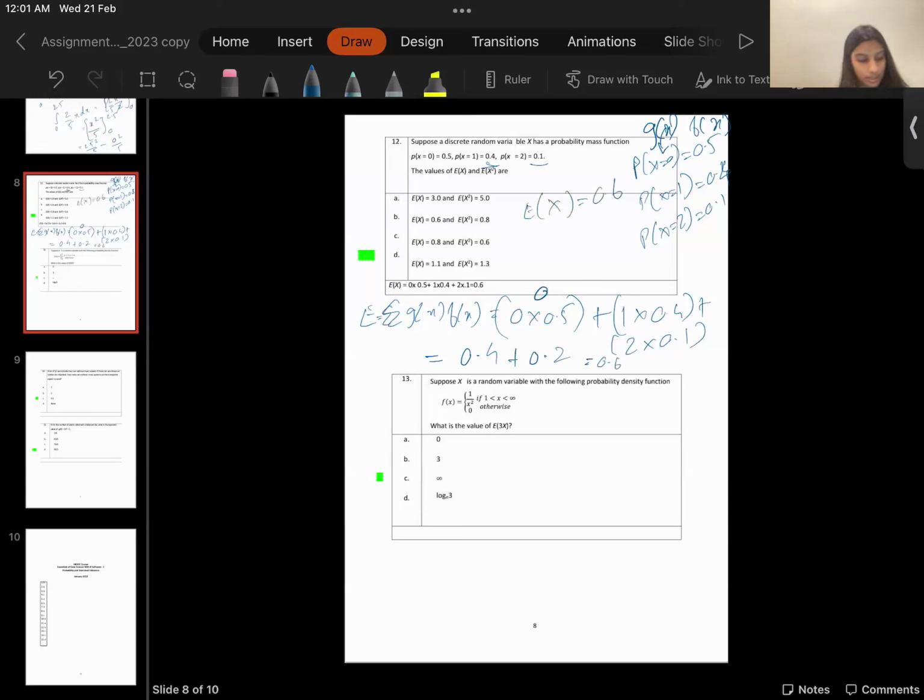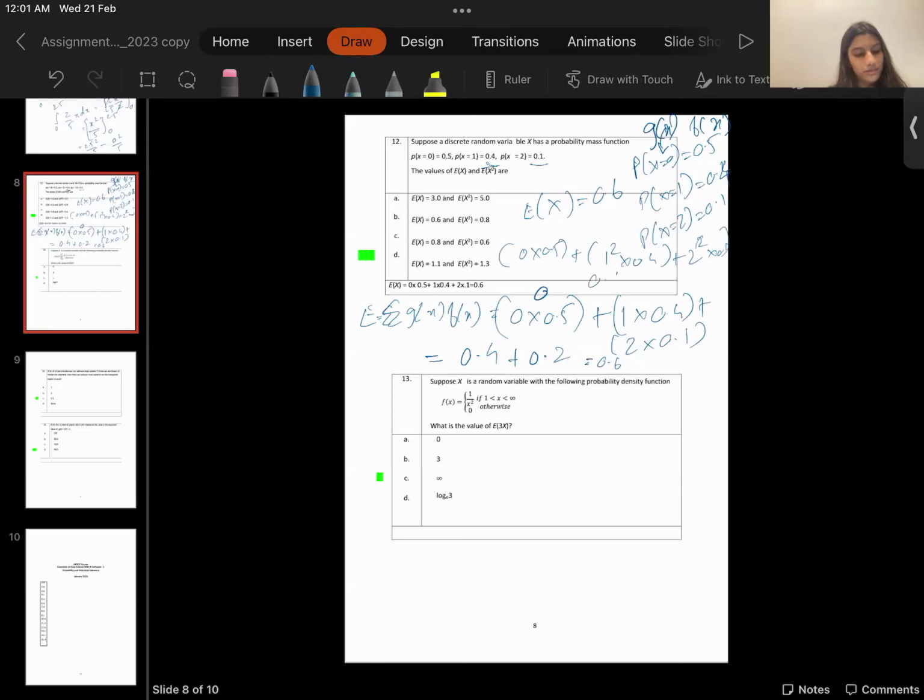Now E of x square. What is x square? You just take the squares here. Expectation of x square: you have to do 0 square is 0, 0 into 0.5, plus 1 square into 0.4, plus 2 square into 0.1.